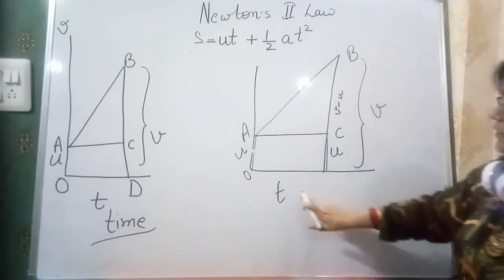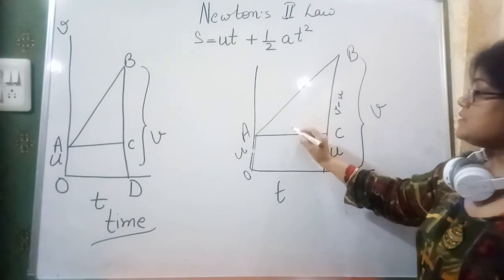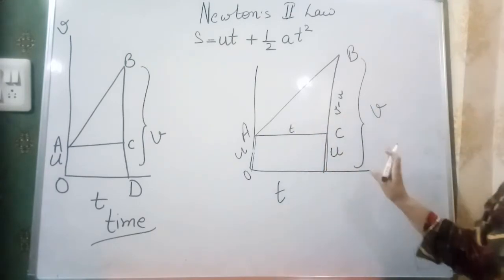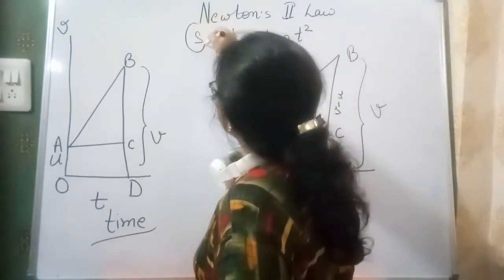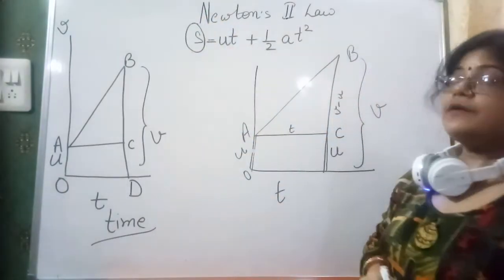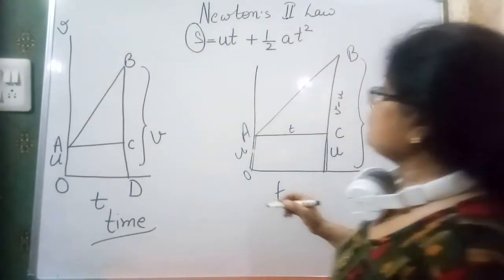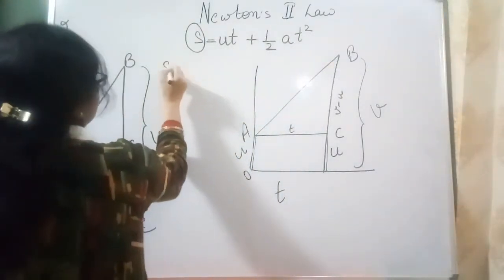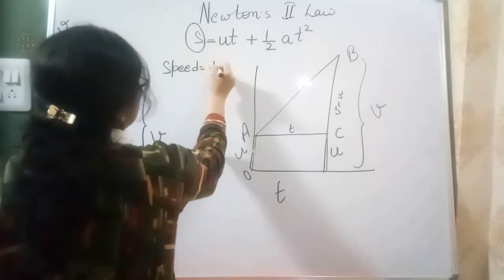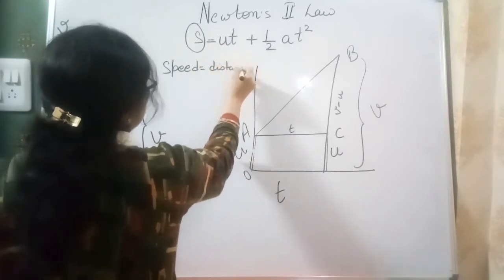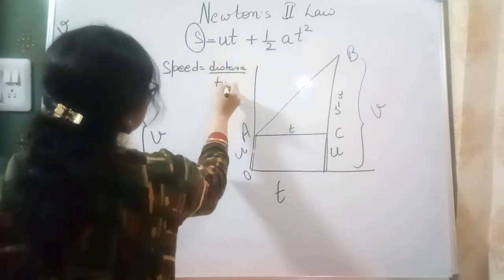Clear? Now this is T and this is also T. Now understood the graph? Now we have to find the distance covered. We have the formula speed is equal to distance over time.